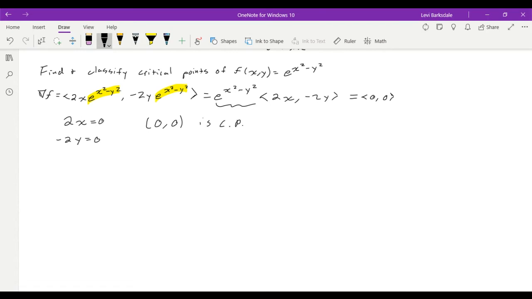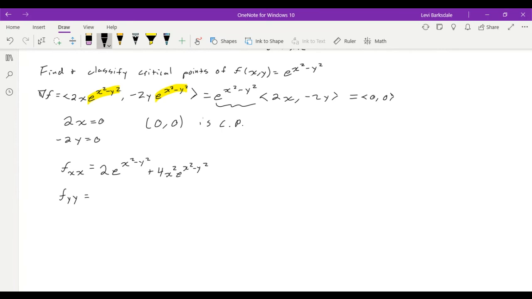Next, we need to classify it, and to do that, we need to find f sub xx, which is, in this case, we need to use the product rule since our x derivative is 2x e to the x squared minus y squared. We get 2e to the x squared minus y squared plus 4x squared e to the x squared minus y squared as our x derivative.